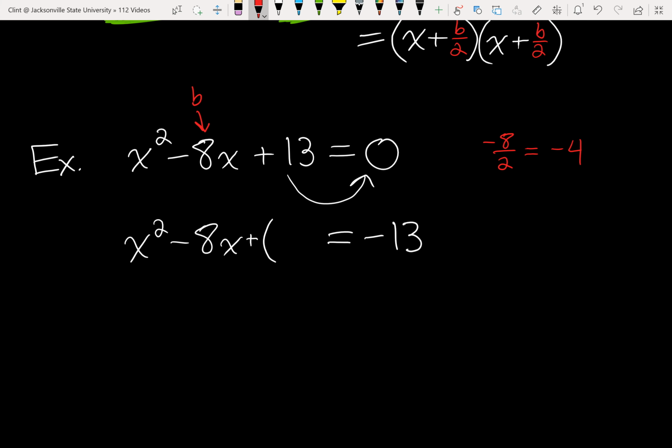So what we want to add is we want to add negative 4, not just negative 4, we want to square it. We're going to do the same thing on the other side. So plus, magic number here, negative 4, to square that.